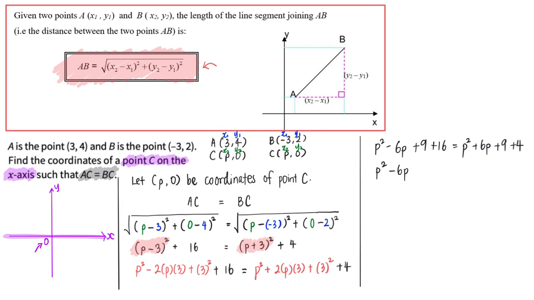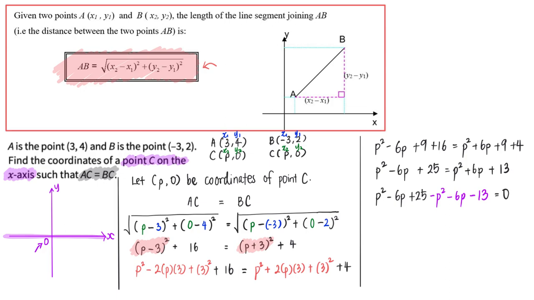Alright? 25 equals P square plus 6P plus 13. And I'm going to minus P square on both sides, so that you will have this. I would also minus 6P on both sides and minus 13 on both sides, and let's see what we have.